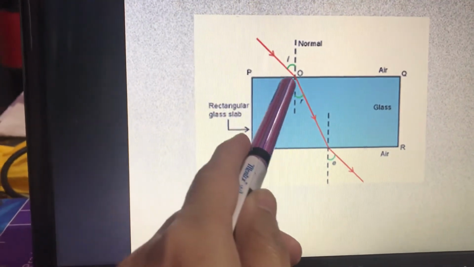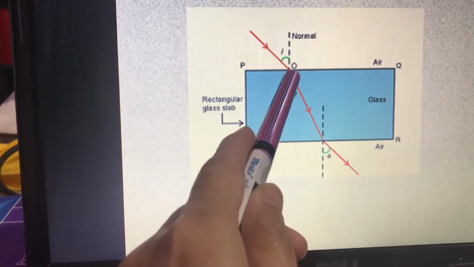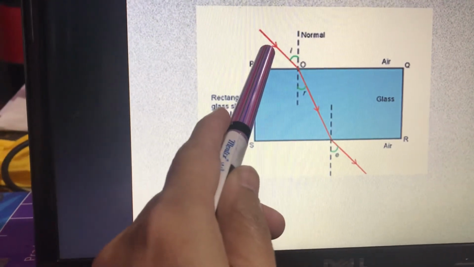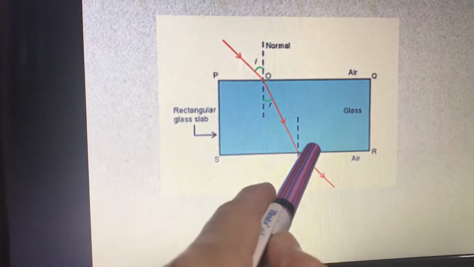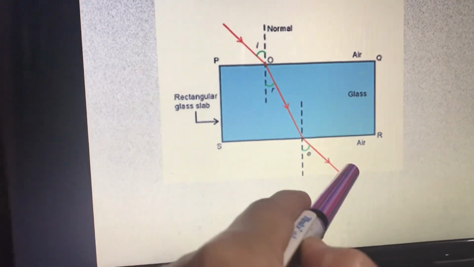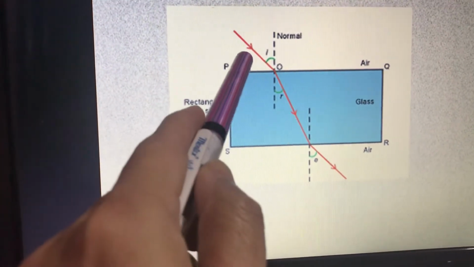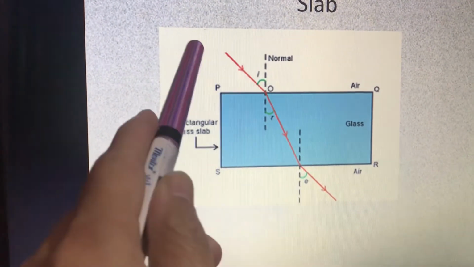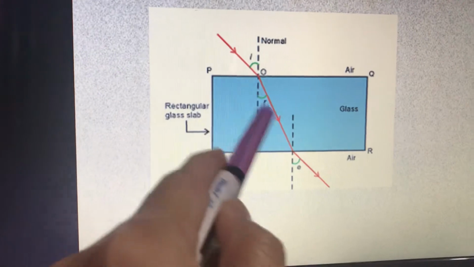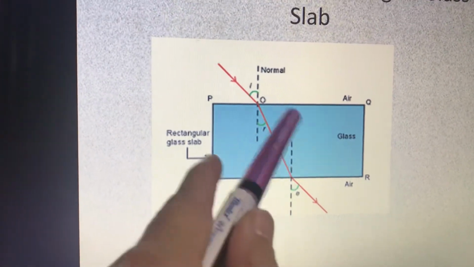Once refraction takes place at this interface between air and glass, and also at the other interface between glass and air, the incident ray and the emergent ray would be parallel to each other.